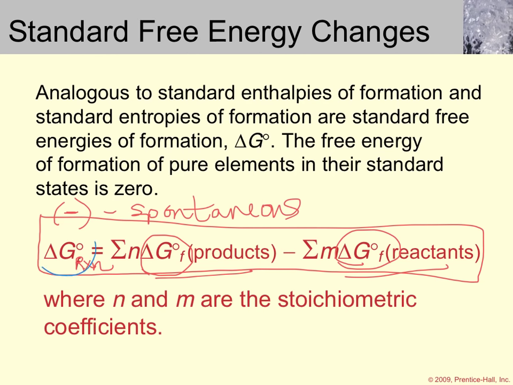Remember that delta G is the only factor that can determine spontaneity. Delta H and delta S contribute to determining whether a reaction is spontaneous, but neither of these alone can determine spontaneity. Only delta G can.